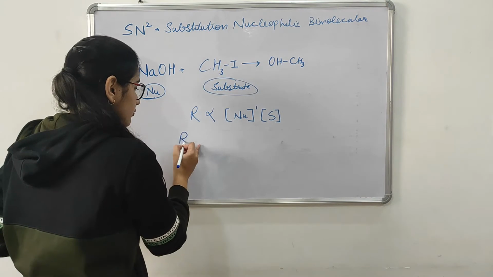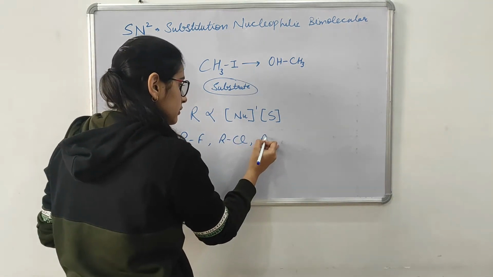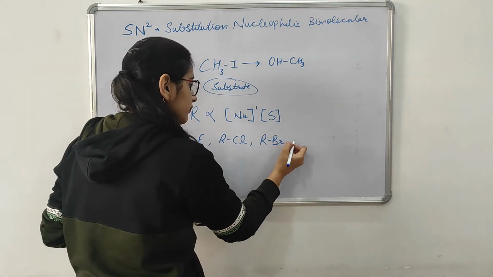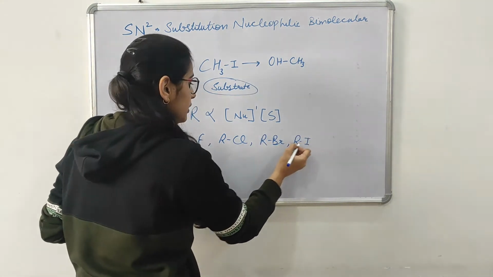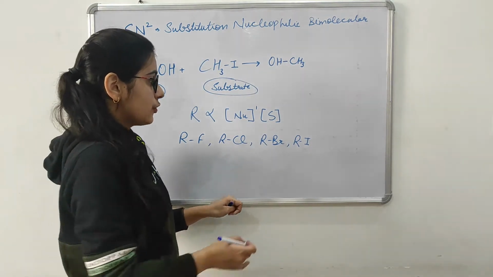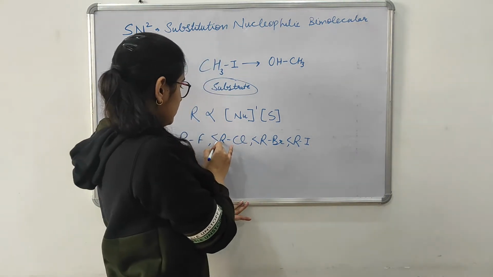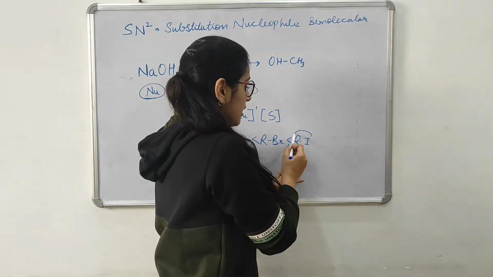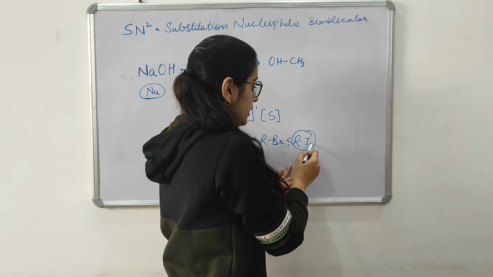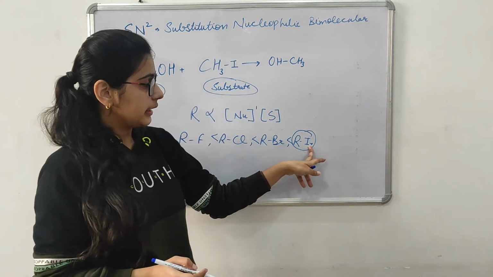Like we have RF, so what will be the rate of reaction of these compounds? So here RI will react the fastest, because iodine is largest, and the size of iodine is greatest.